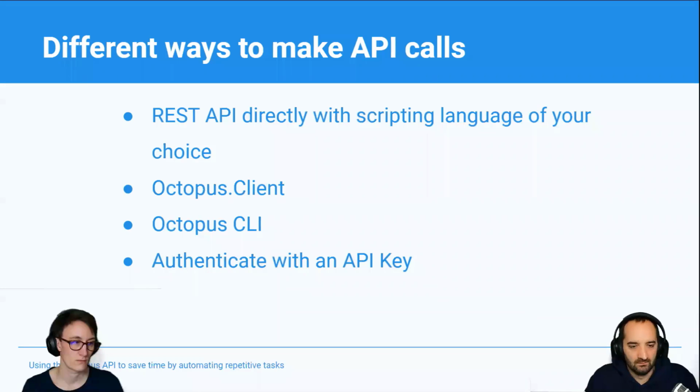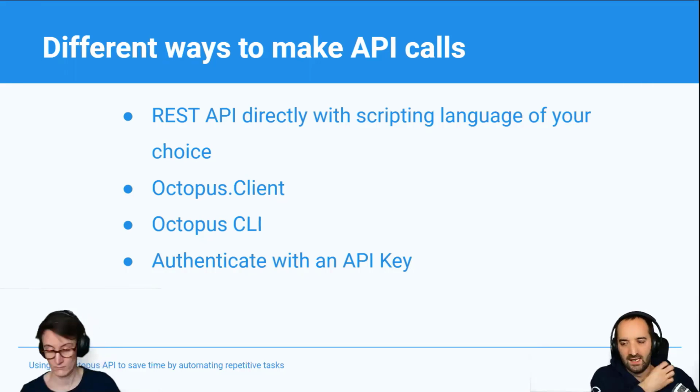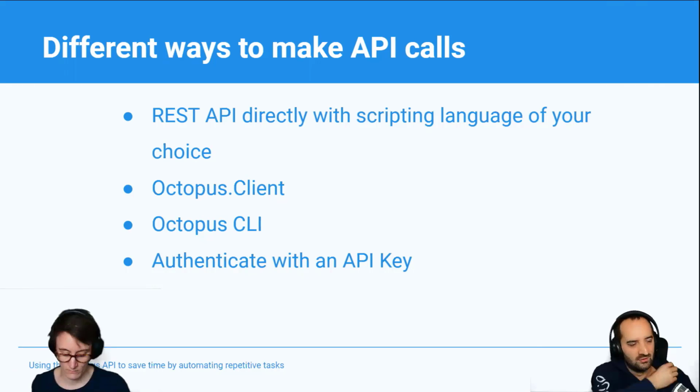First up, we're going to talk about probably my favorite way, and that's to call the API directly. The API is exposed as a collection of endpoints. It's pretty straightforward to write some scripts to make HTTP requests to the API in a language of your choice. Leanne, I think you prefer PowerShell as your scripting language, is that right?